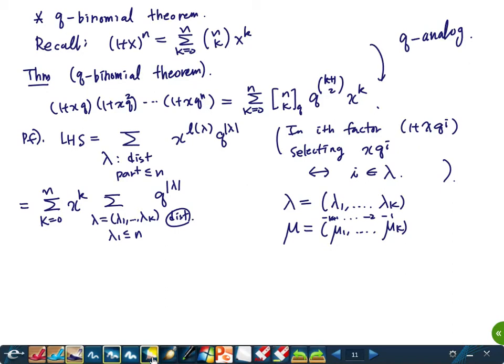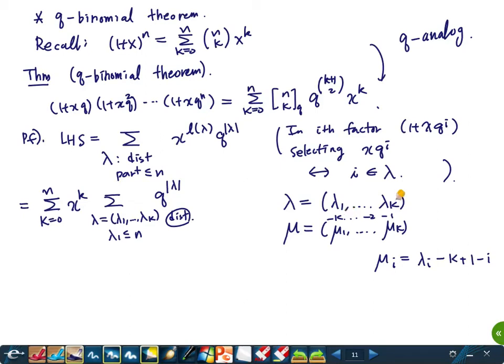If you really want, you can say, okay, mu i is, what is lambda i? Oh, I see where I made the mistake. The mistake that I made is this must be minus k, if this is minus 1.